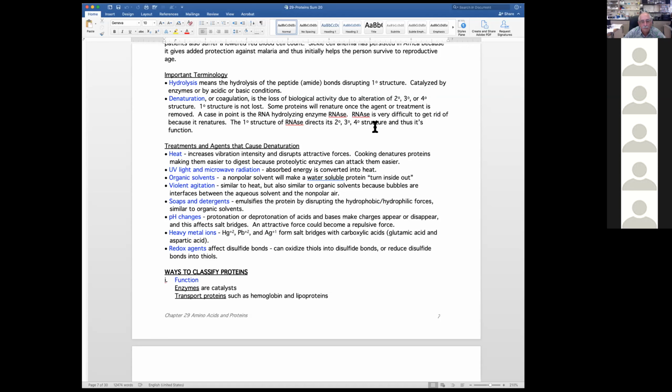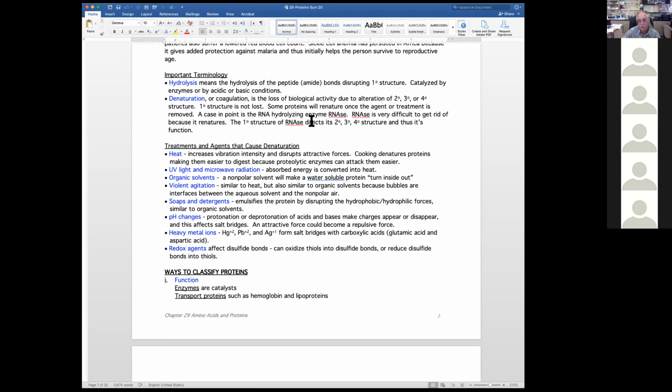You hydrolyze proteins in your diet, first with the acidic conditions of your stomach, and then under neutral conditions in your intestines it is hydrolyzed by enzymes. Whereas denaturation, also known as coagulation, is simply the loss of biological activity due to alteration of secondary, tertiary, or quaternary structure. You haven't hydrolyzed it. Okay?